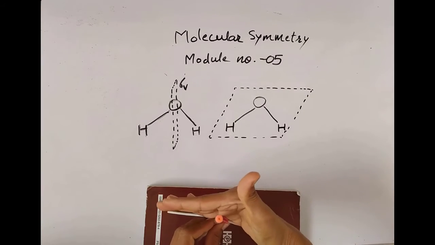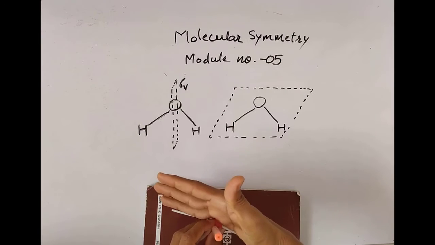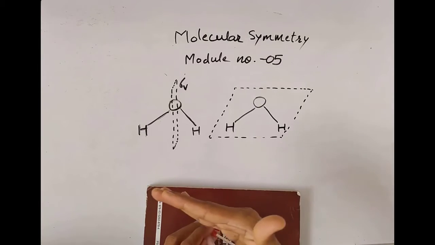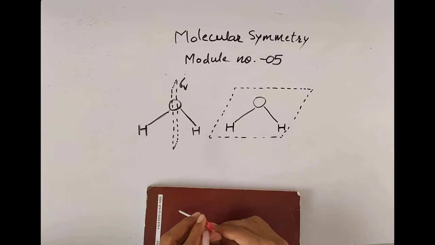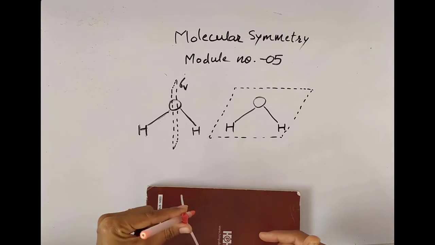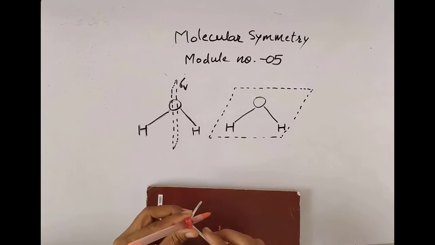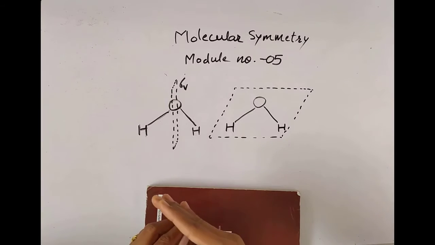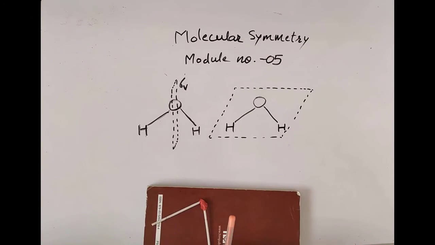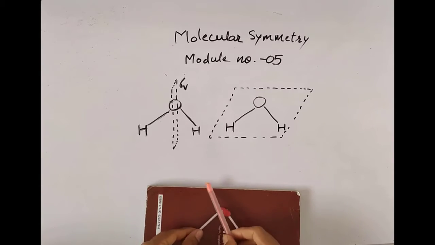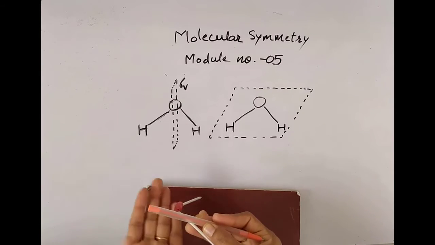This is the principal axis and this is the plane, which is cutting the whole molecule in two equal halves. Can you see? This is the principal axis and this is the water molecule, and the plane is passing like this. What is the angle now between this principal axis and this plane?